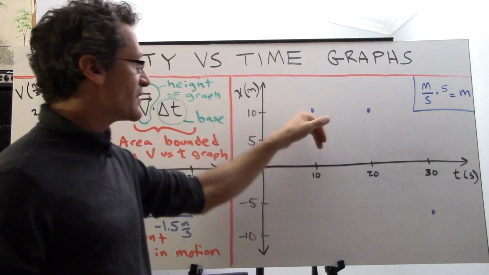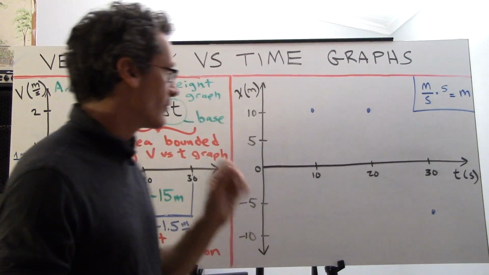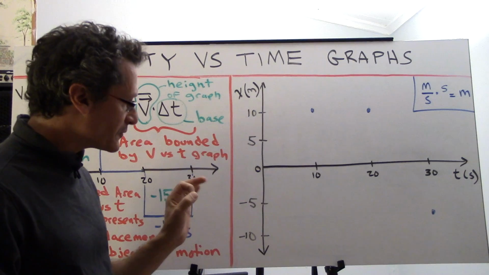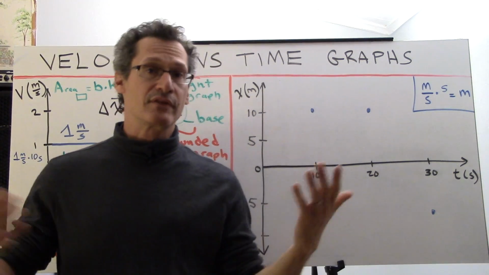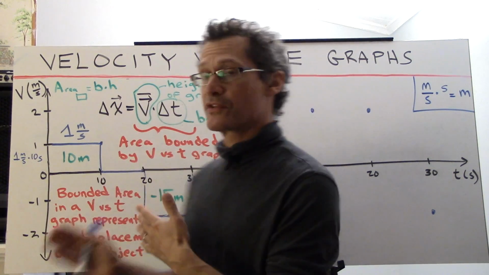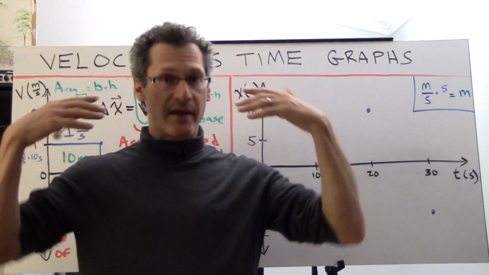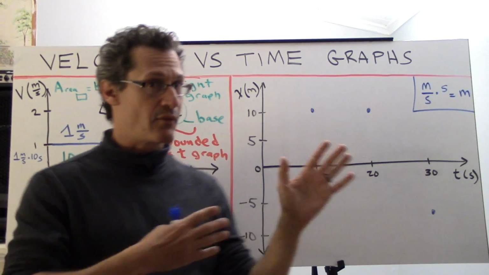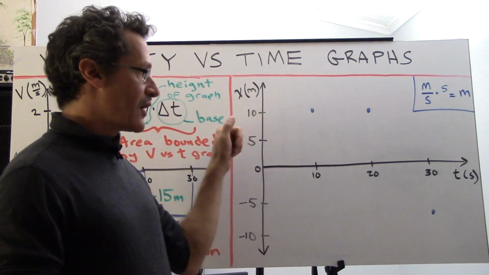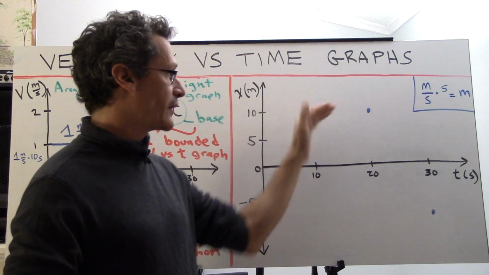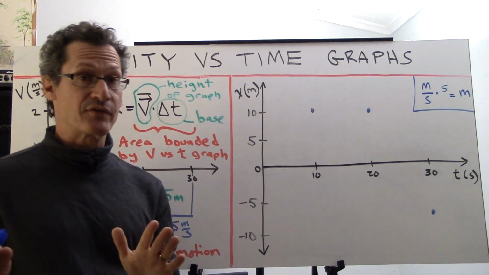So what I've done is dotted the relevant information, and then we're going to connect them. It's important to do that if we're going from velocity versus time to position versus time, to make the dots and then connect them, because when we incorporate acceleration, we're going to have some funkiness in terms of curving slopes and curving features, but right now we don't have to worry about that.